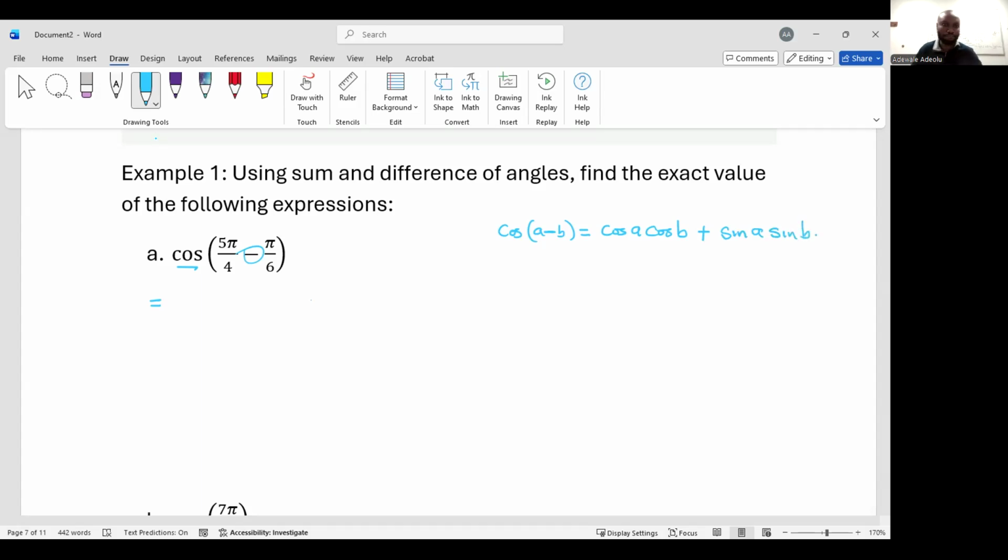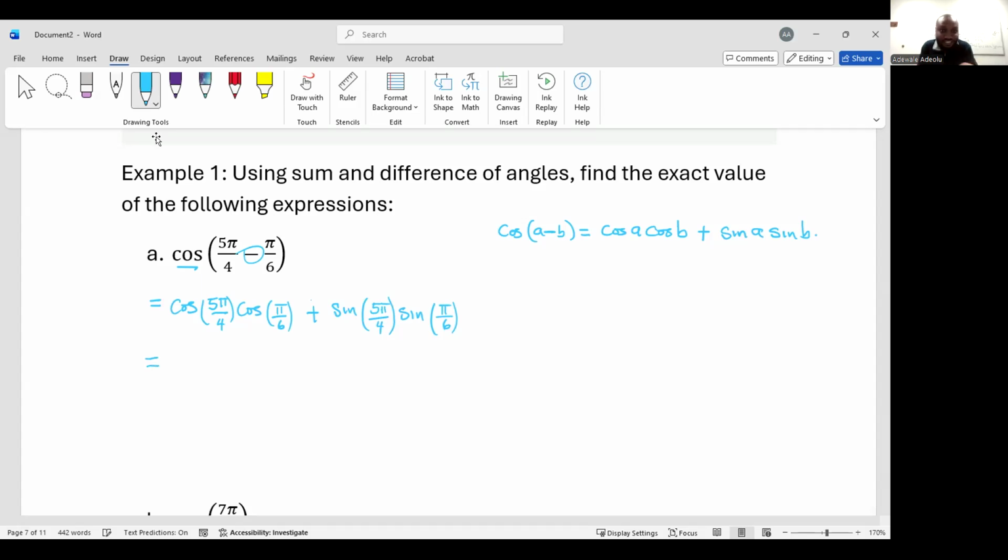As simple as that. Therefore, here that means I will have cosine of my first angle, 5 pi over 4, multiplied by cosine of my second angle, plus sine of my first angle, multiplied by sine of my second angle. Right? Yes. So let us solve this.